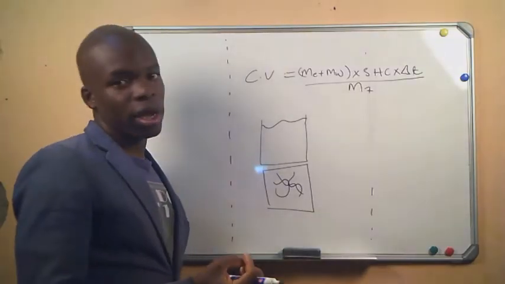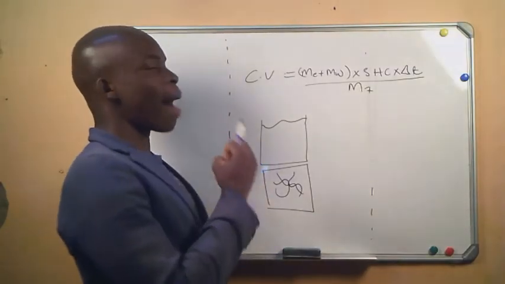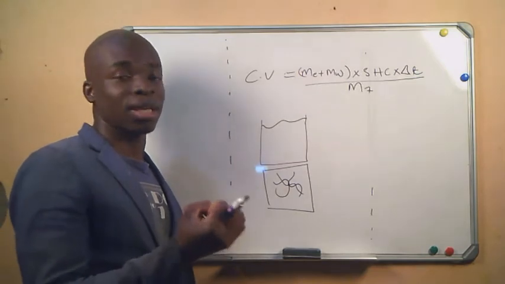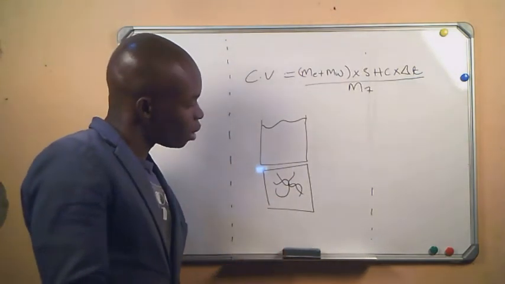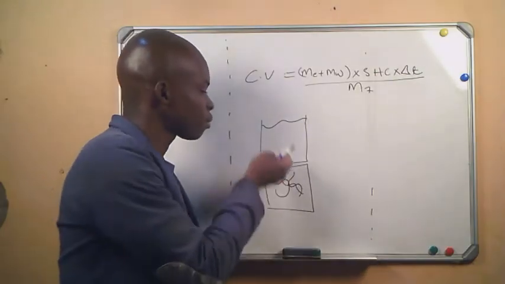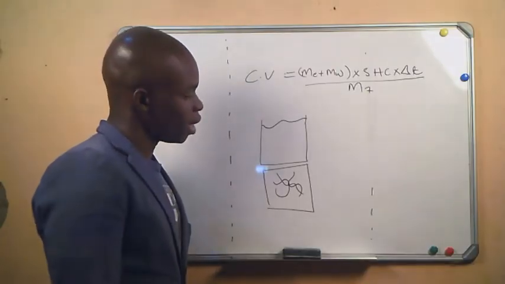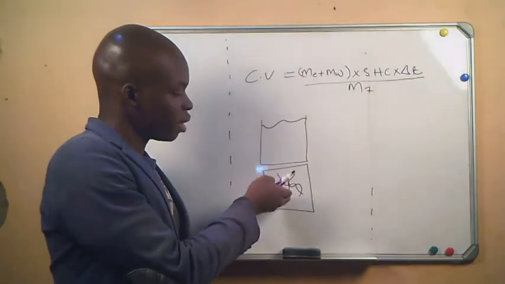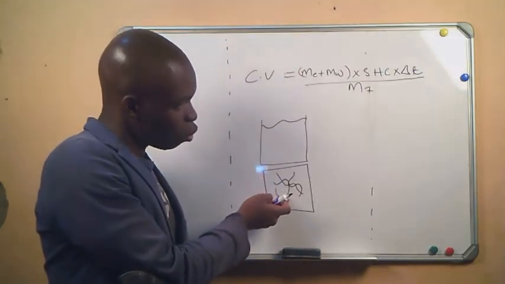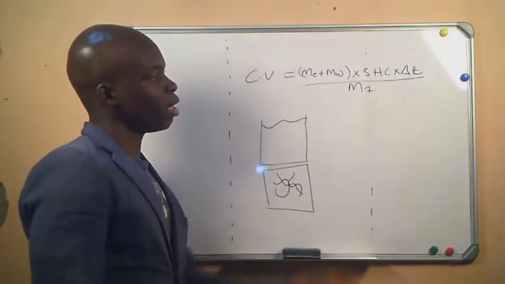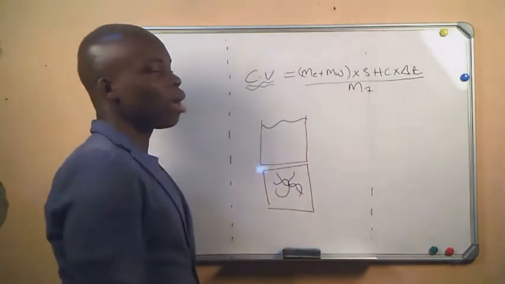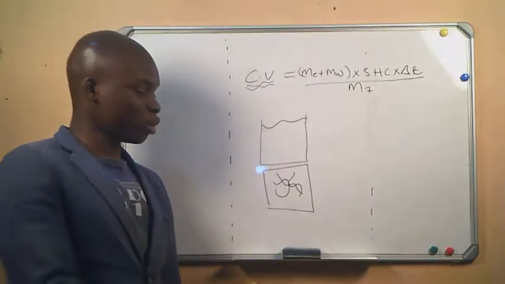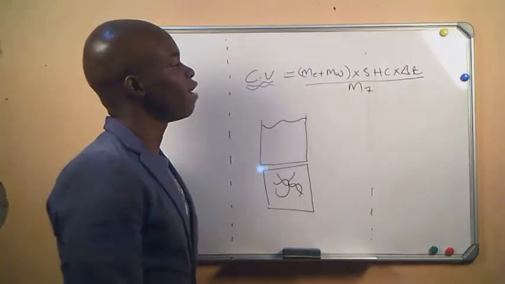The only way to know the amount of heat being released by the fuel we are burning here, one example is to put water, and the water will receive the heat energy from the coal, and then at the end we can calculate the amount of heat that was produced by the fuel.